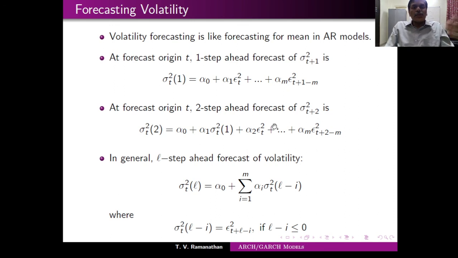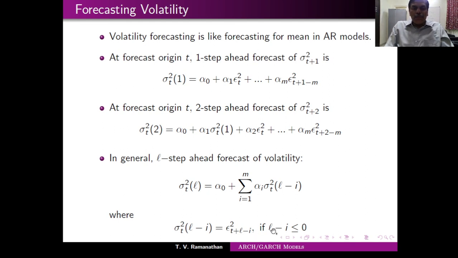Similarly, in general, the L-step forecast of volatility is alpha naught plus the summation of alpha i sigma t squared (L minus i), for i equal to 1 to m. So this is the L-step forecast, where this L minus i is t plus L minus i.